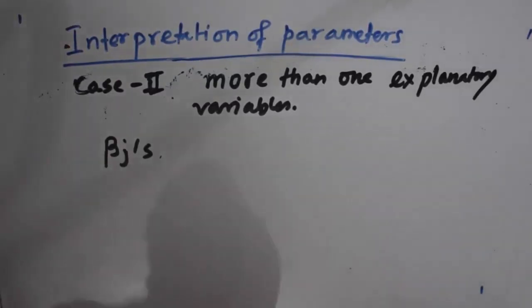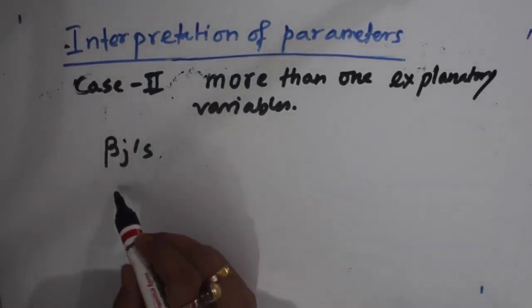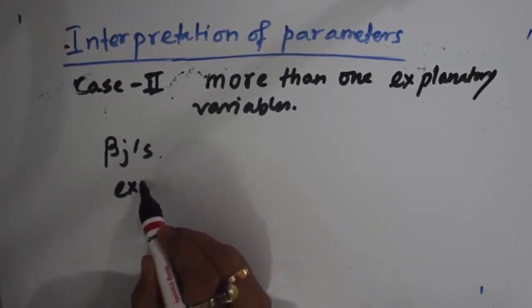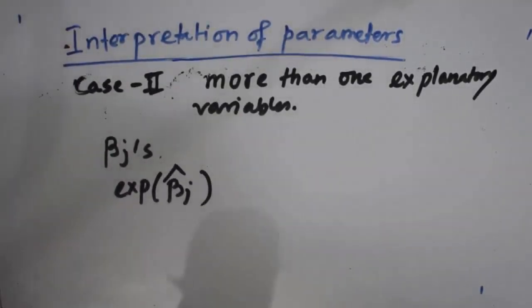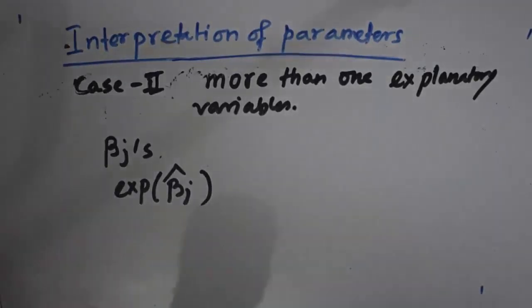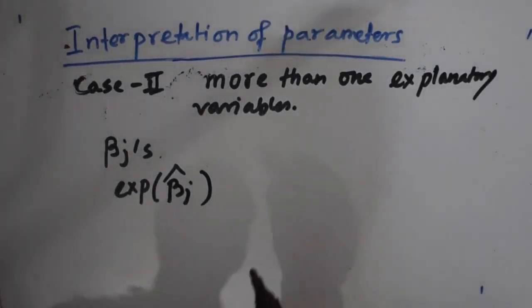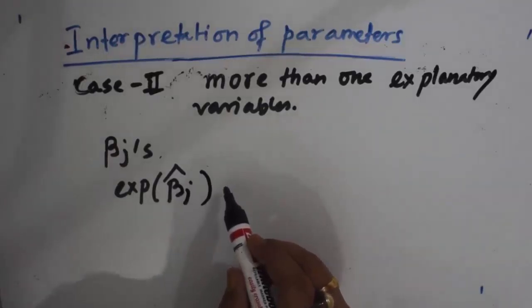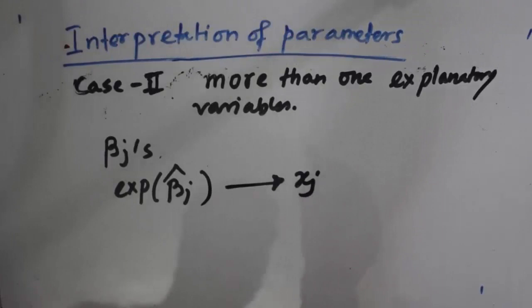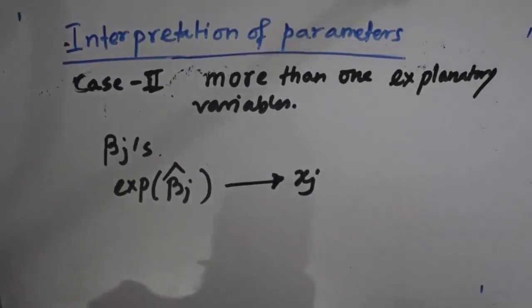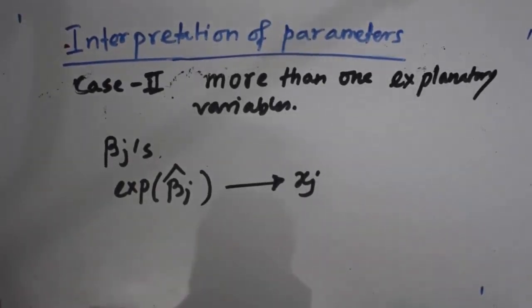The odds ratio is for beta j hat associated with explanatory variable xj, keeping other explanatory variables constant.